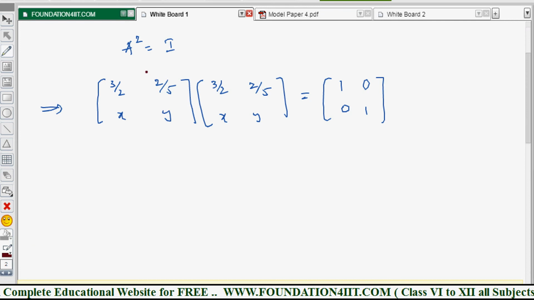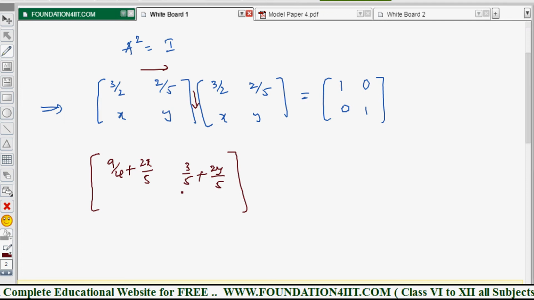Now first row and first column we need to multiply. So 3 by 2 into 3 by 2 is 9 by 4, plus 2 by 5 into x is 2x by 5. This is the first element. Same row next is 3 by 5, because 3 by 2 into first row second column: the 2s get cancelled, 3 by 2 into 2 by 5 is 3 by 5 itself, plus 2 by 5 into y is 2y by 5.